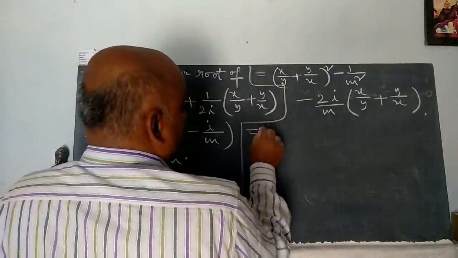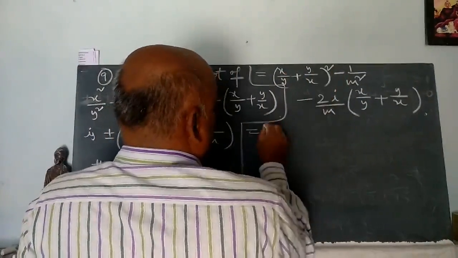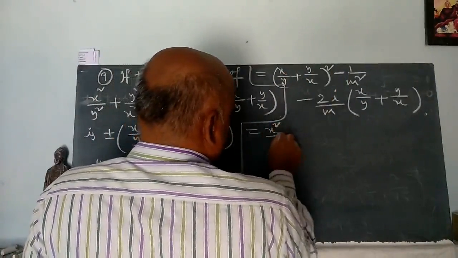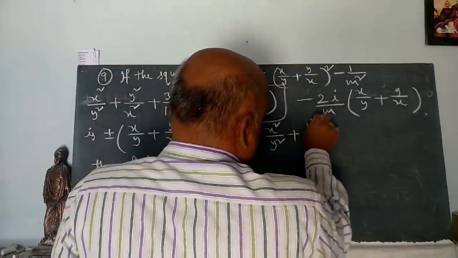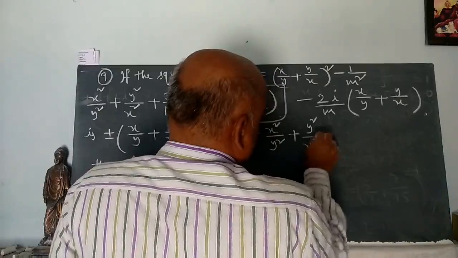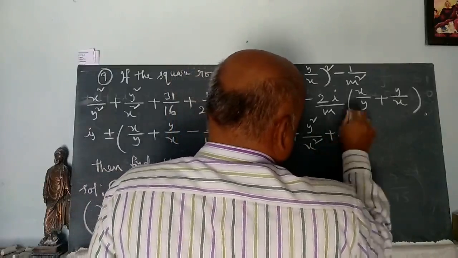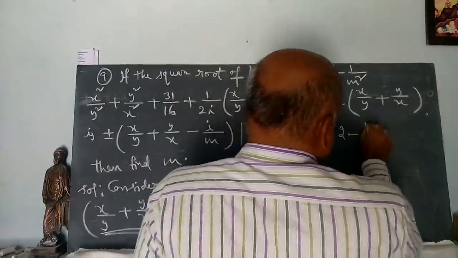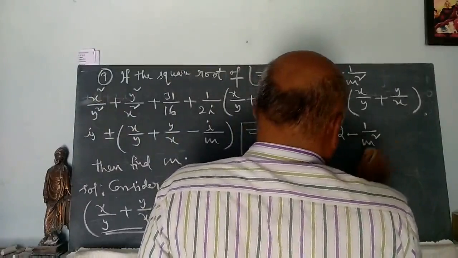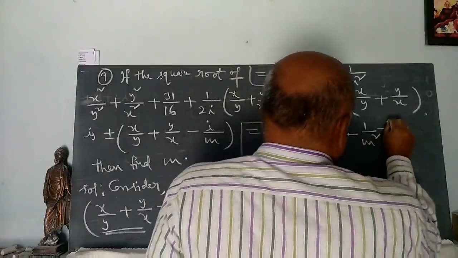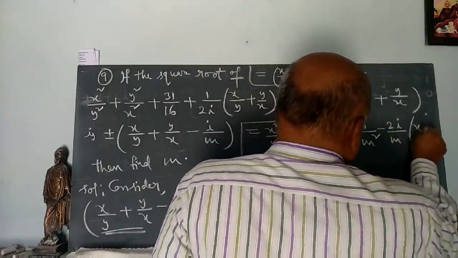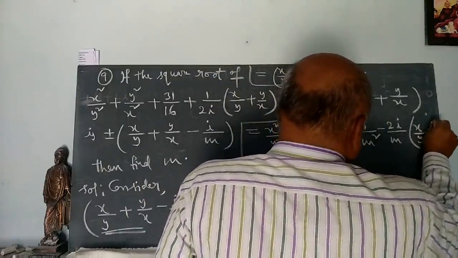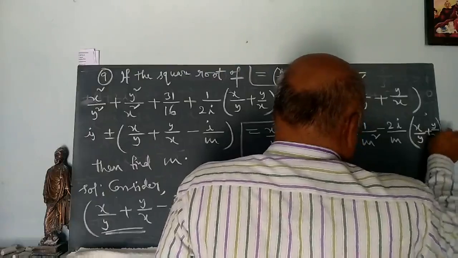So this is equal to x²/y² + y²/x² + 2 − 1/m² − 2i/m (x/y + y/x).